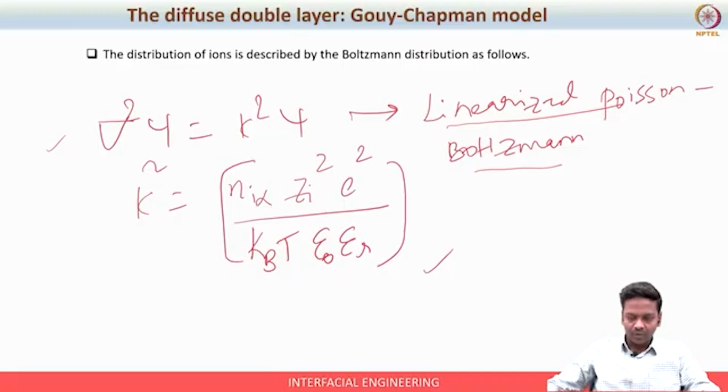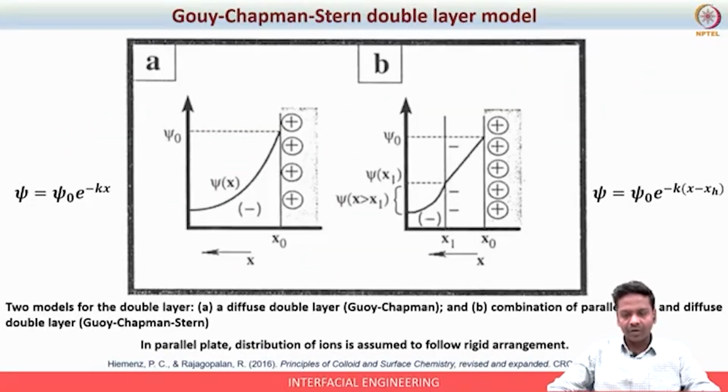We'll now move on to the next electrical double layer model. The Gouy-Chapman-Stern double layer model is given here. What the Gouy-Chapman-Stern model considers is both the parallel plate as well as the diffuse double layer assumption given by Gouy-Chapman. Because you are incorporating both assumptions, this particular model is called the Gouy-Chapman and Stern model.